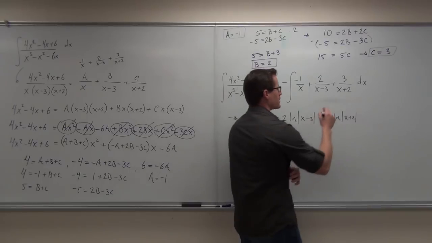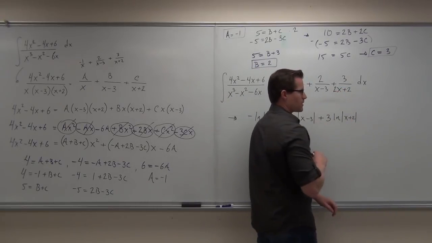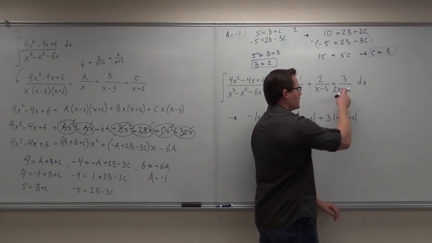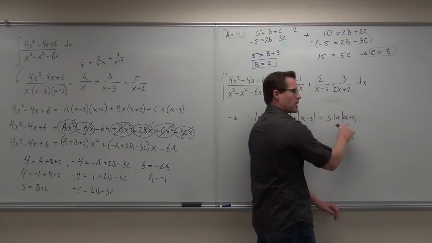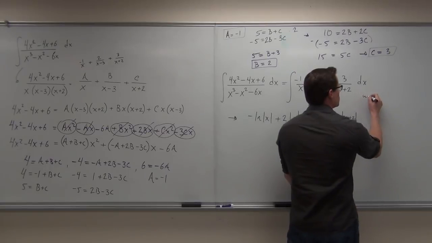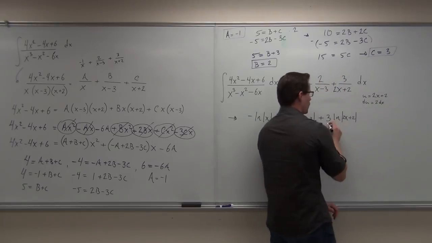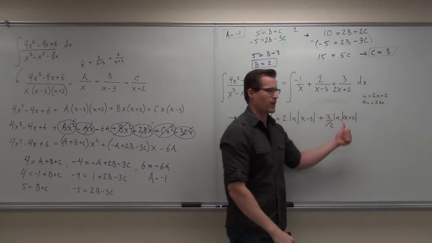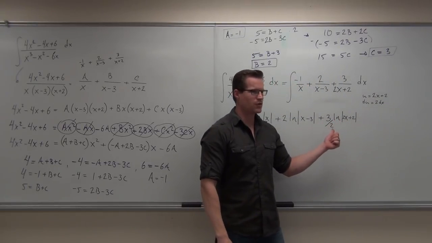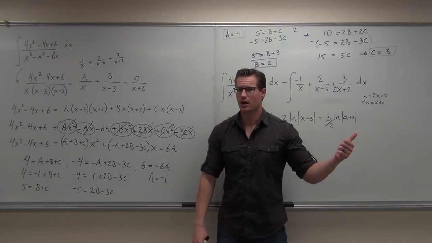Be careful of this. If you had a 2 right here, or some other coefficient, this is not the correct integral. This is not the correct answer. What would happen is, I'd still do it in my head, but I'd get du equals 2 dx. That would give me a 1/2. That's what that would be. Can you follow that one? Yeah. If you got that, then you're probably pretty good at this, and you're fine.